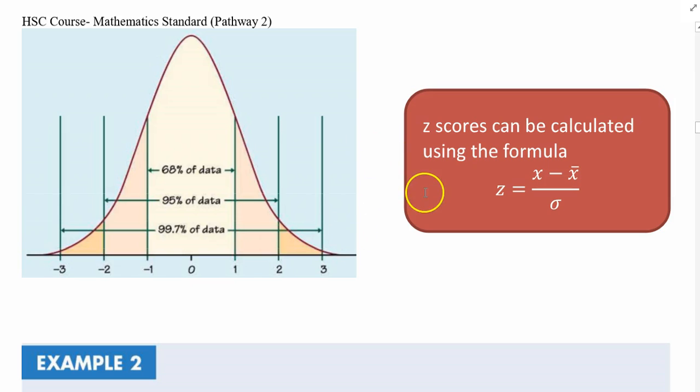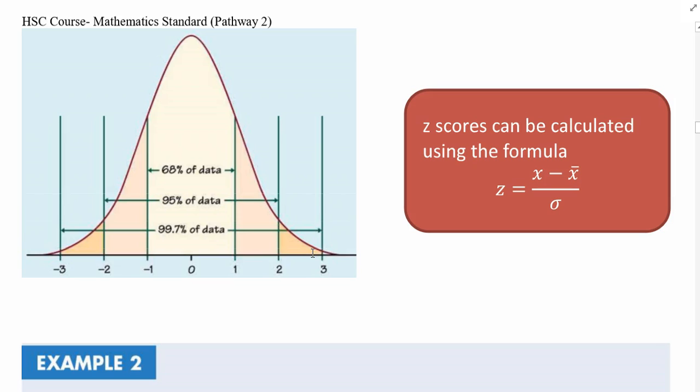There is a calculation for finding your exact Z-score. So your Z-score doesn't have to be a perfect whole number. It could be 0.55 or 1.02 or 2.89.